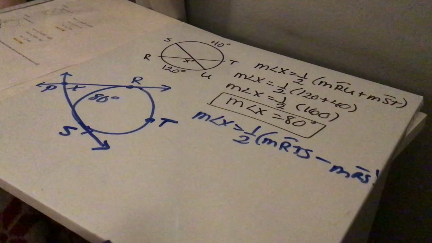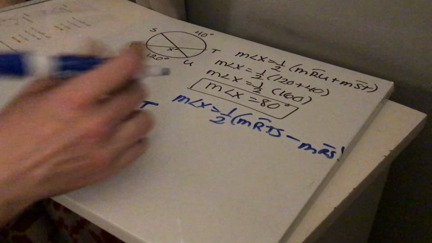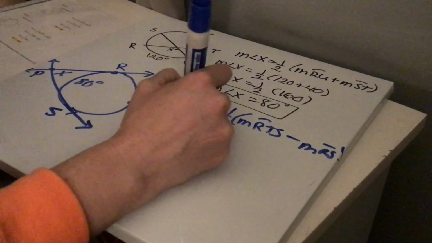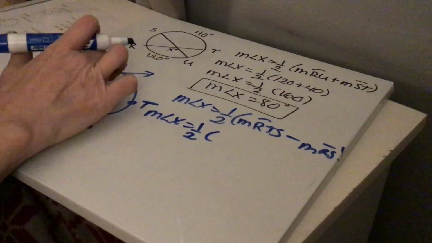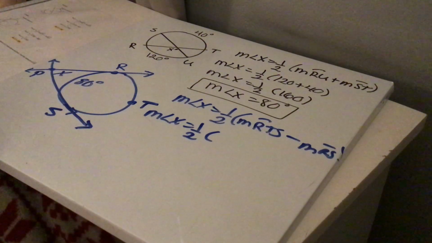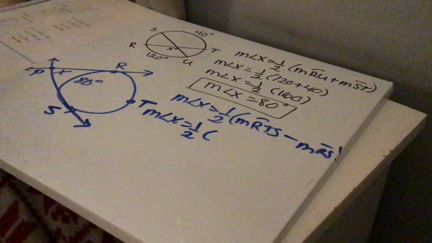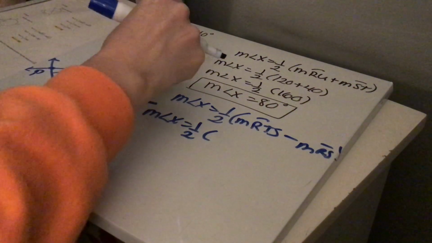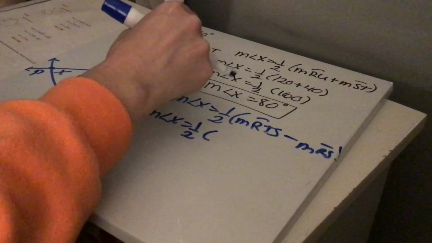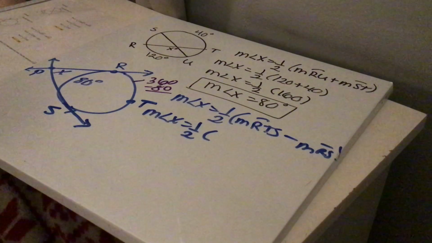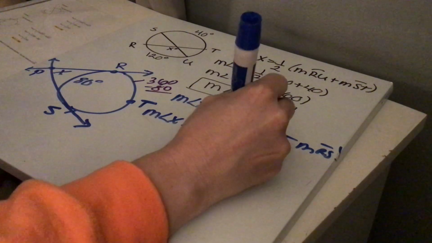Okay, so we don't really know, just by looking at the problem, what the measure of arc RTS is. We do have a full circle. We know this is 80, so this is 360 minus 80, or 280 degrees.